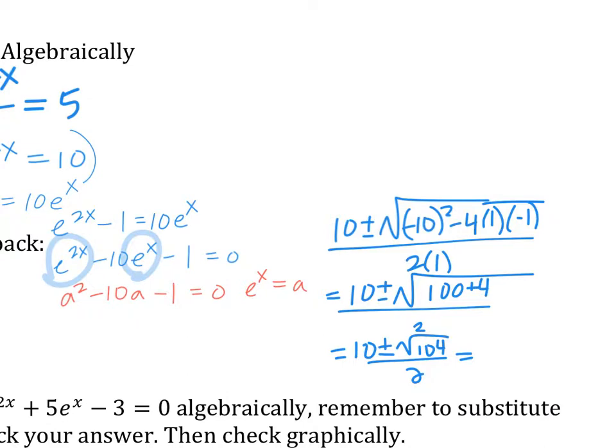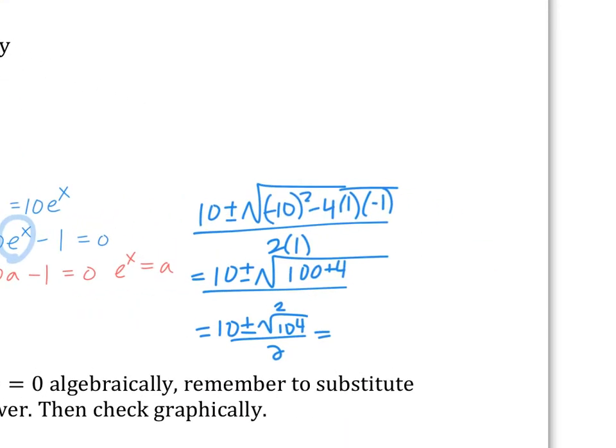What are the two numbers you got? 10.099 and negative 0.099. How come my answer is not the same as the graph? Because what are we solving for?